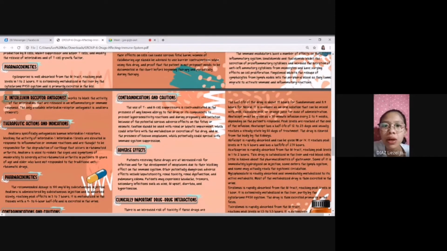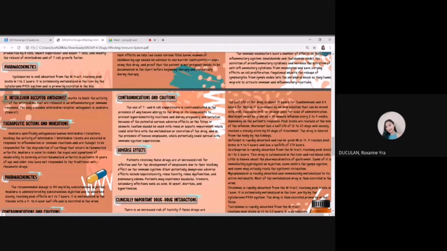Interleukin 1 levels are elevated in response to inflammation or immune reactions and are thought to be responsible for the degradation of cartilage that occurs in rheumatoid arthritis. Anakinra is used to reduce the signs and symptoms of moderately to severely active rheumatoid arthritis in patients 18 years of age and older who have not responded to the traditional anti-rheumatic drugs.